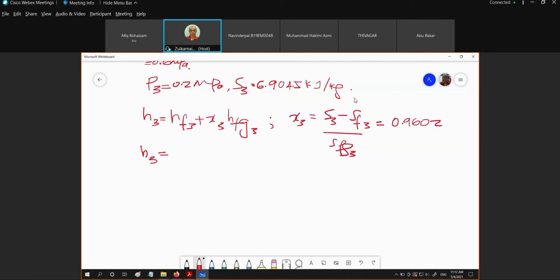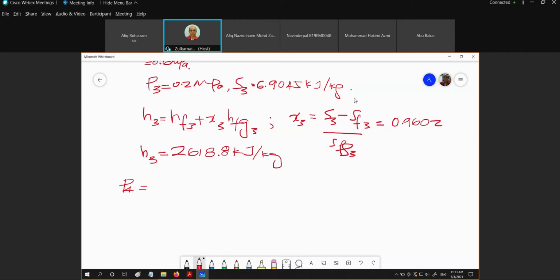What do you get for your H3? 2618.79, so it's 2618.8 kilojoule over kilogram.